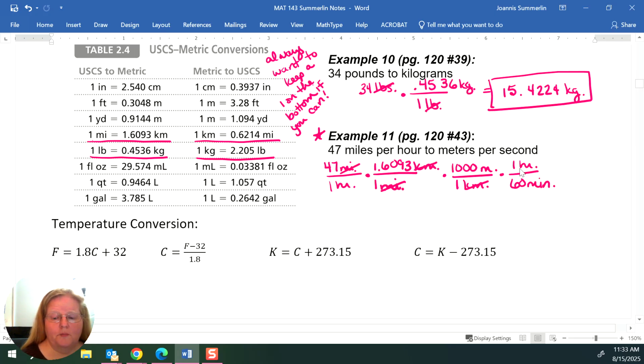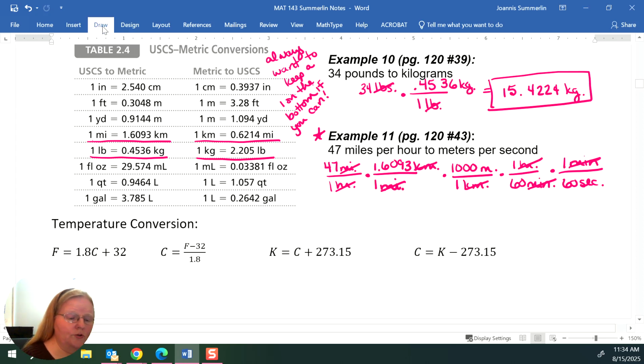What do we know about minutes? 1 minute has 60 seconds. So now I have meters over seconds. So I'll have meters per second. So we're good. So I can multiply all the way across the top and divide by every number on the bottom.